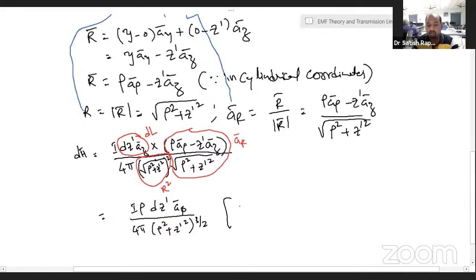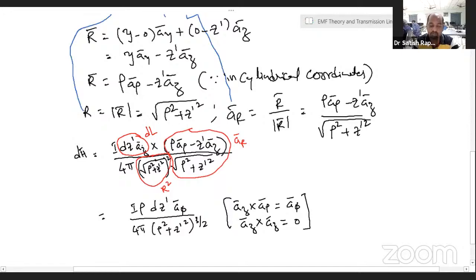Because az bar cross a rho bar is a phi bar, and az bar cross az bar is equal to 0.